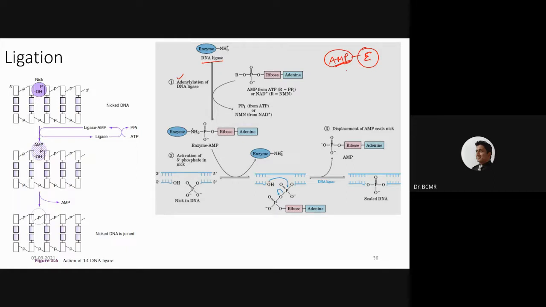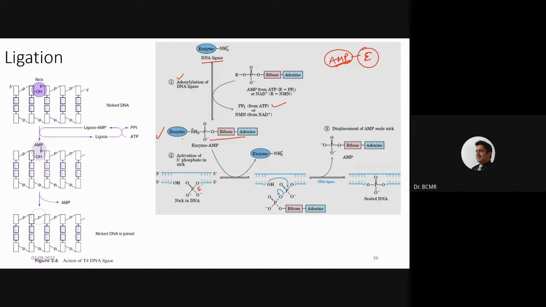Adenylation means AMP, so the ligase becomes conjugated with this AMP. It actually comes as ATP, and pyrophosphate is released, and AMP is conjugated to the enzyme. Then the enzyme recognizes the nick, the phosphate.